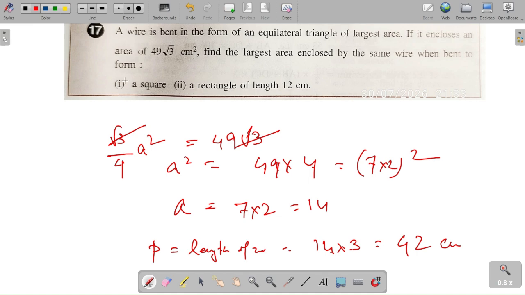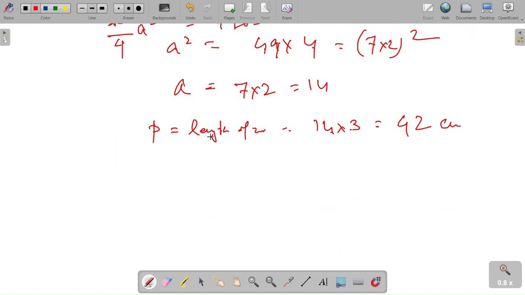Now, if I make it a square, what will be the side? 42 by 4. So that will be how much? 10.5.